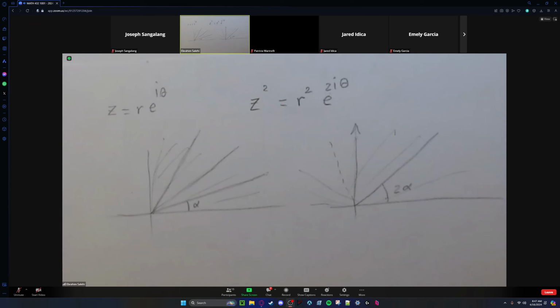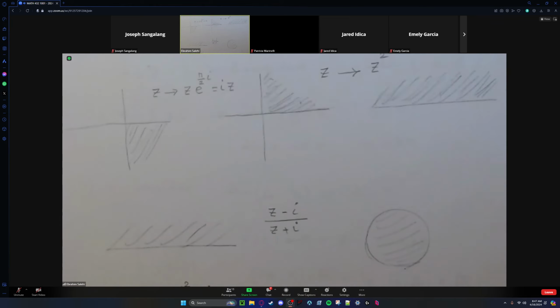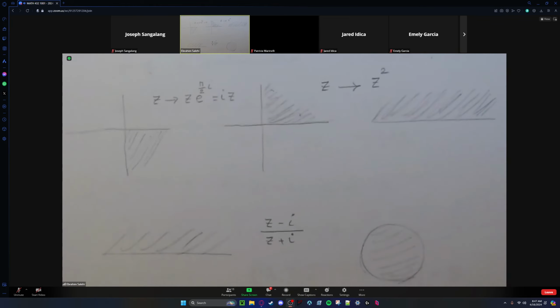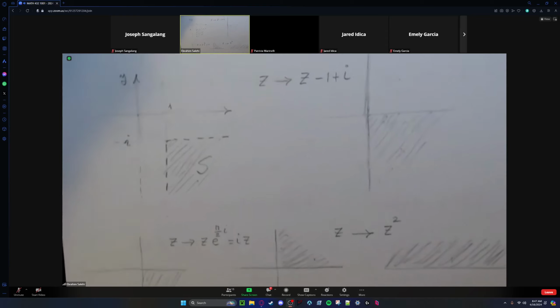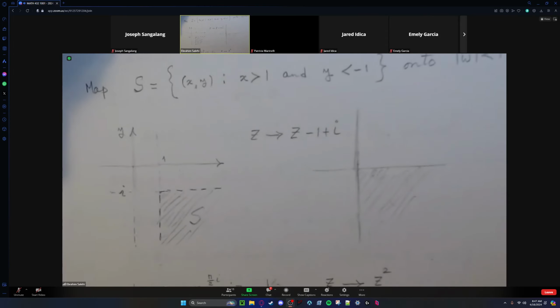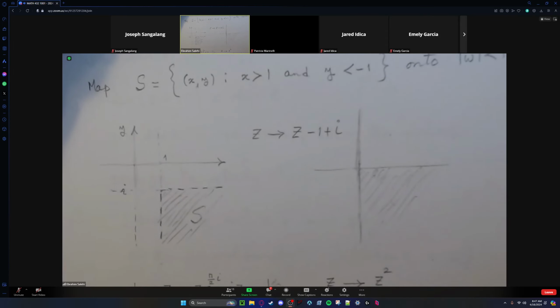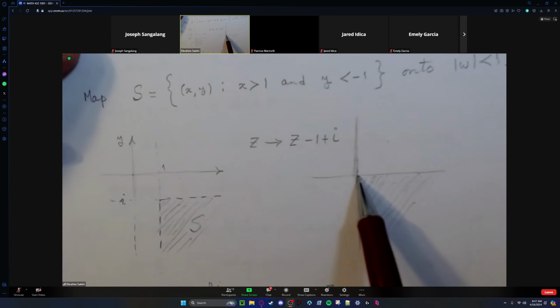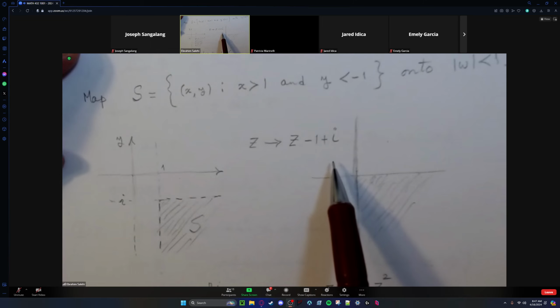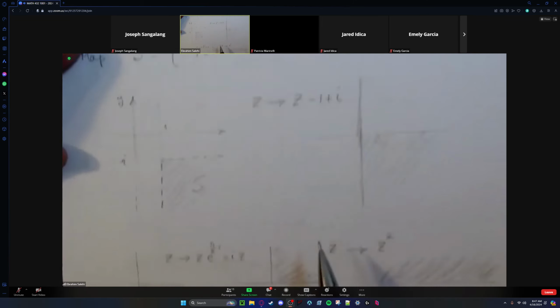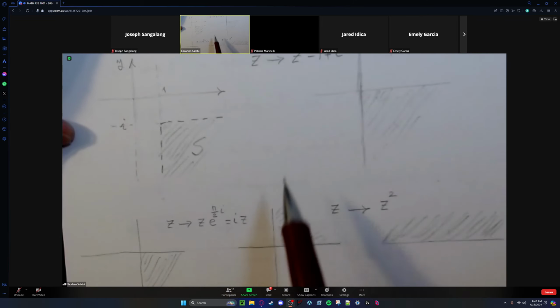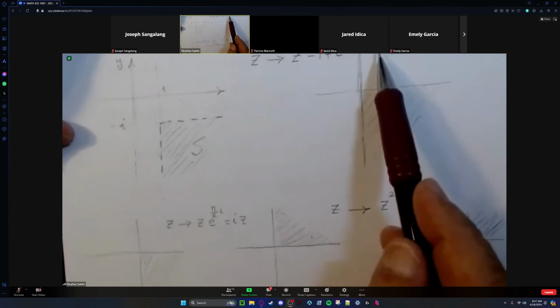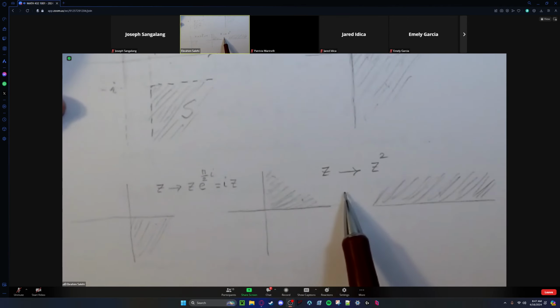All right. And of course, you put these actions together. Remember, the first action was translation to this point. Then the second action was multiplication by i. So you multiply this by i, then you square it.